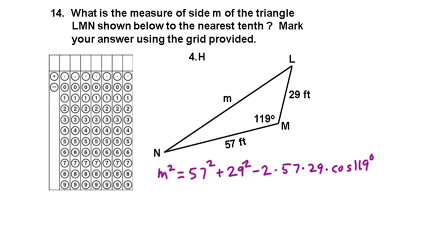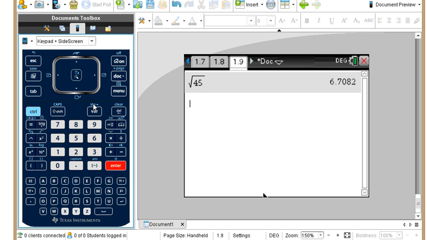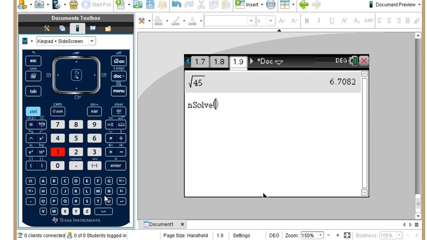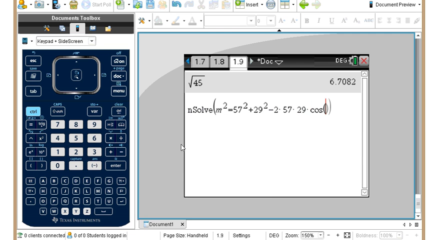And we go to our calculator and we go to menu 3-1. We're going to put in M squared equals 57 squared plus 29 squared minus 2 times 57 times 29 times cosine of 119 degrees.